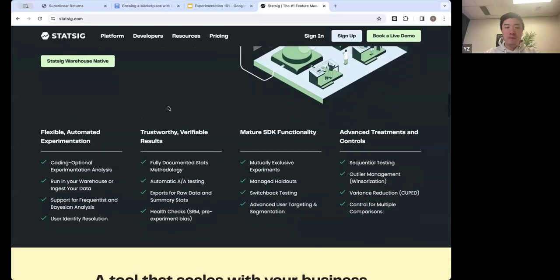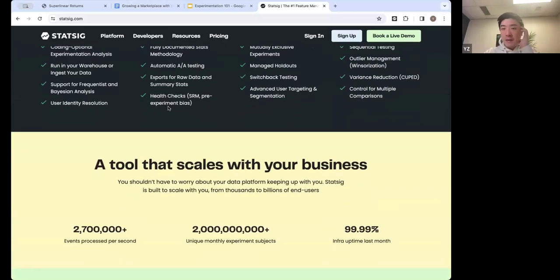For most startups, they use Statsig for feature flags. Only sophisticated startups use Statsig for experiments, because most startups have engineers but don't have a lot of data people. So they need a feature flag solution.